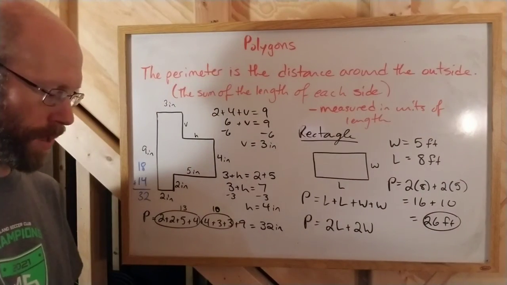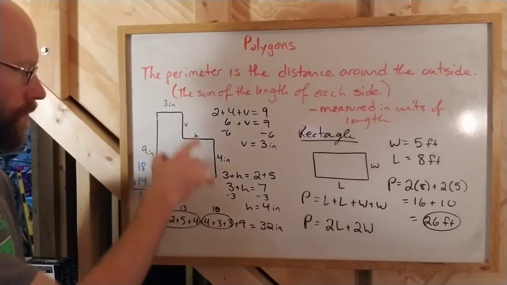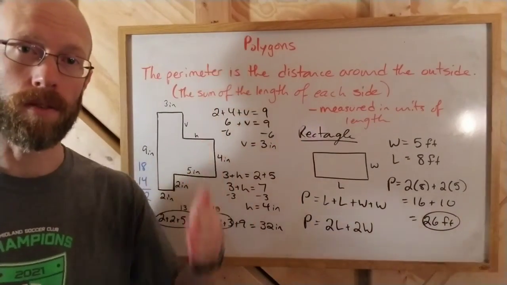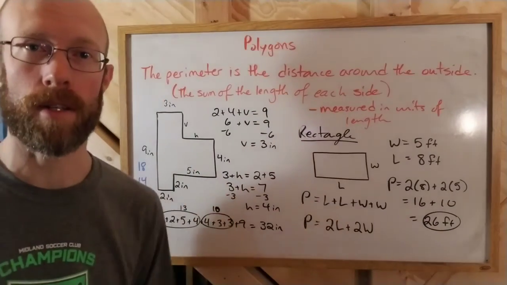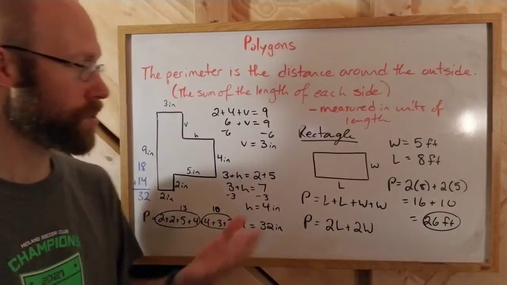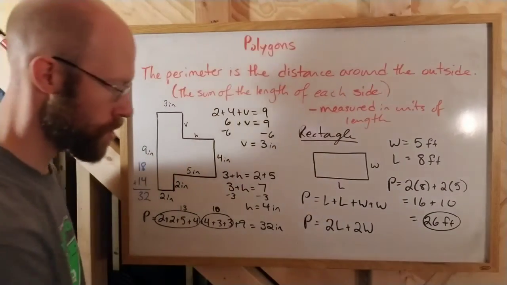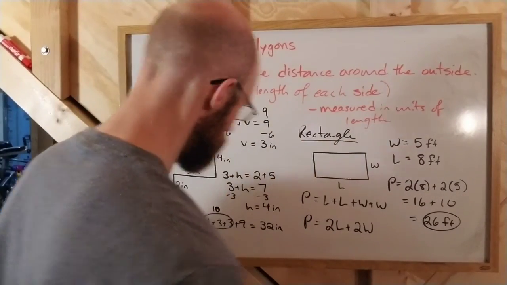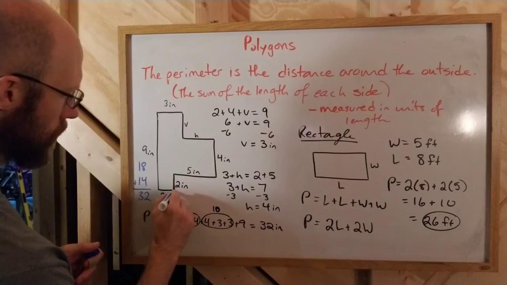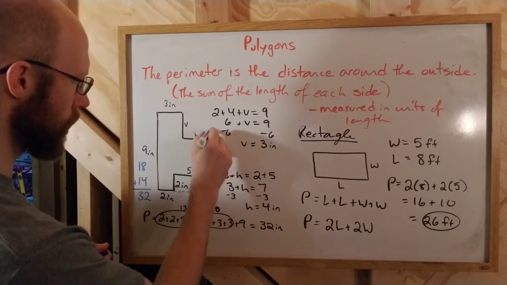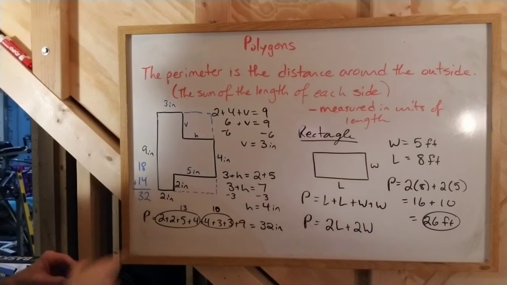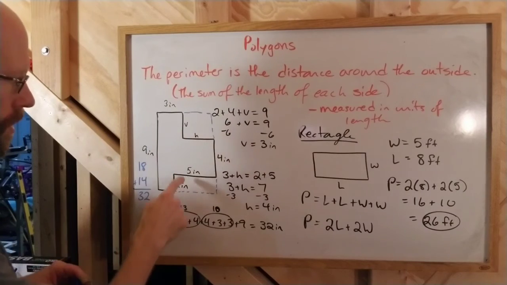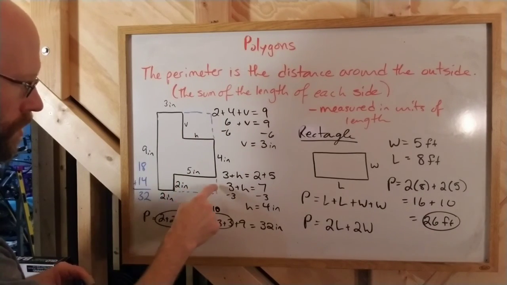So an alternate method, instead of having to find every side and add them up, if you know enough information to get the total vertical distance and the total horizontal distance, you can double each one, just like the formula for a rectangle. Basically all we're doing is taking the big rectangle and moving some of the sides around, or parts of the sides. If you imagine this filling in to one big rectangle, I took the side H and moved it from the top down, side V, and put it over here, this 5 down here, and the 2 came over.